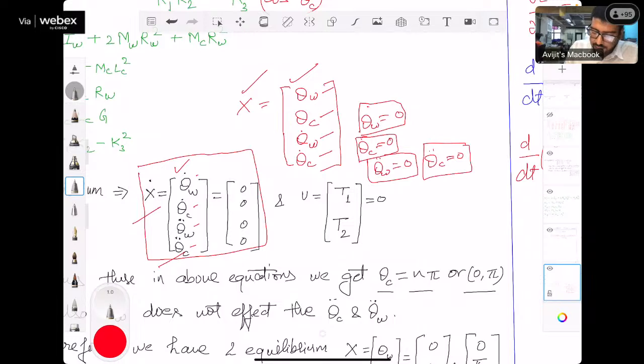Double dot means acceleration; when a dot is there, that means time derivative.